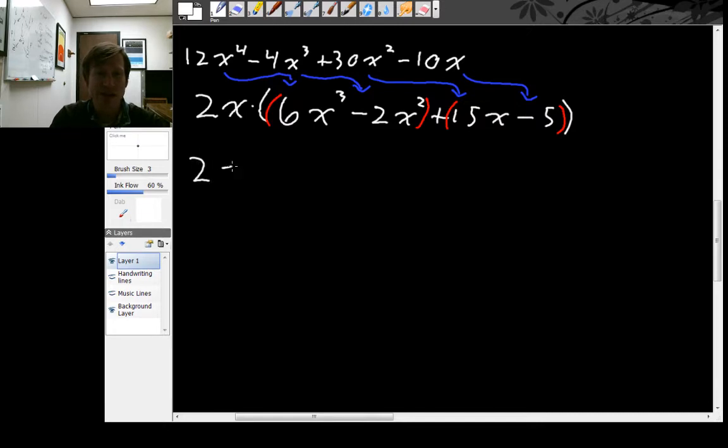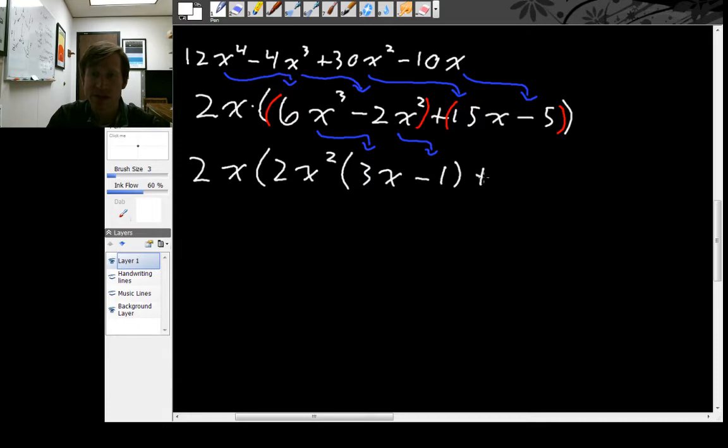So this 2x is going to stay put. Okay, now in this first group, there's a common factor of 2 and also x squared, so we can factor out 2x squared, and that leaves behind 3x from this part. And then from the second part, this leaves behind minus 1, it looks like.